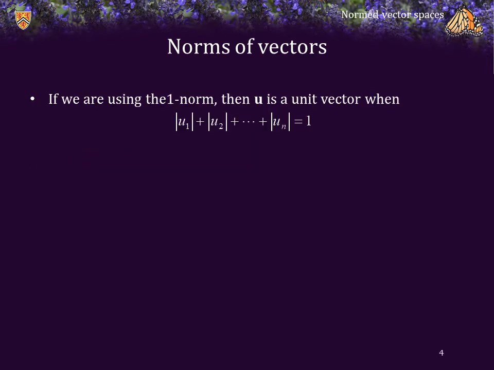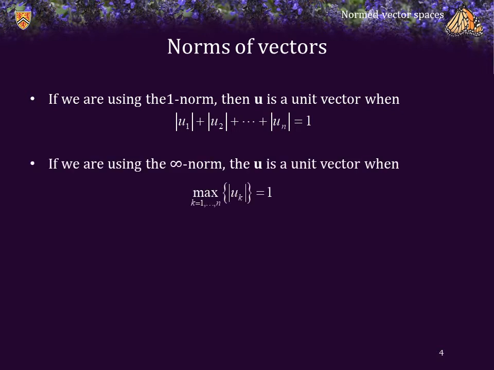Now, if we are using the 1 norm, then u is a unit vector when the sum of the absolute values of the entries equals 1. If we are using the infinity norm, then u is a unit vector when there is at least one entry that is equal to 1 in absolute value, and all other entries are less than or equal to 1 in absolute value.